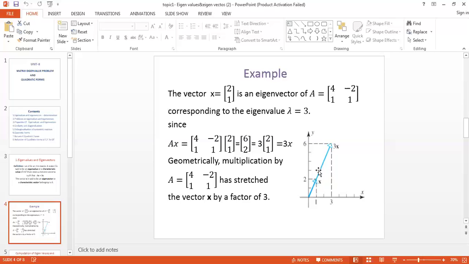So it has stretched by a factor of 3, and you can observe the direction of x and the direction of Ax are both the same, or the direction of x is not changing. Such vectors we are calling eigenvectors.